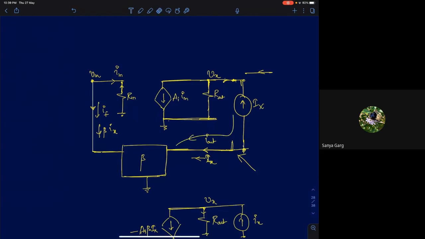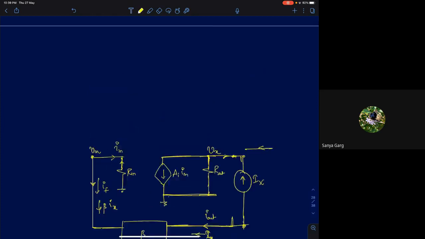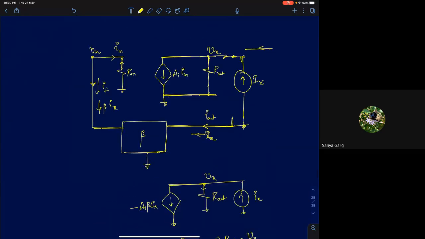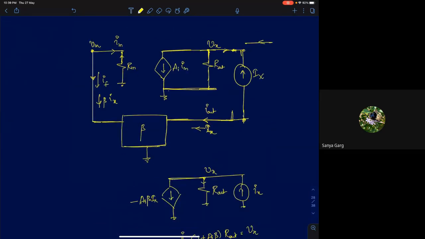Previously there was no negative feedback, so the other terminal of the current source I was connecting to the amplifier itself. But now, for the negative feedback amplifier, I'm going to connect Ix here. The reason I did this is that the feedback path should entirely sample Ix. So that's why I connected it this way.